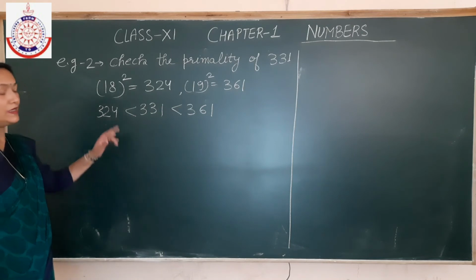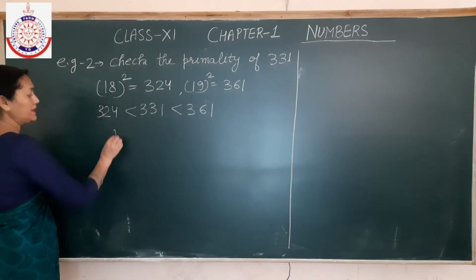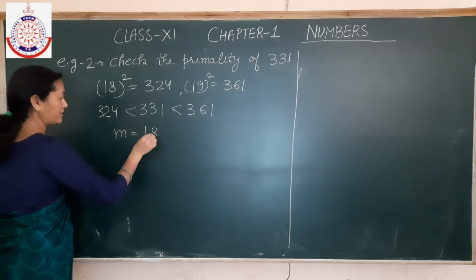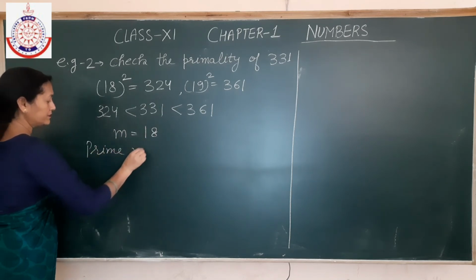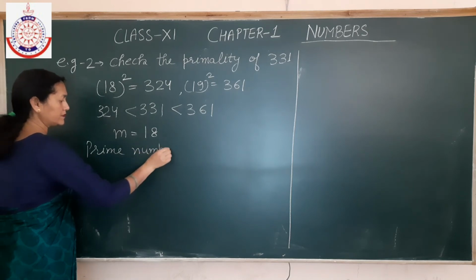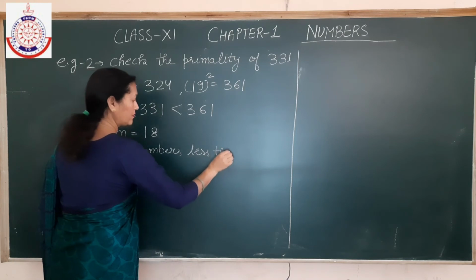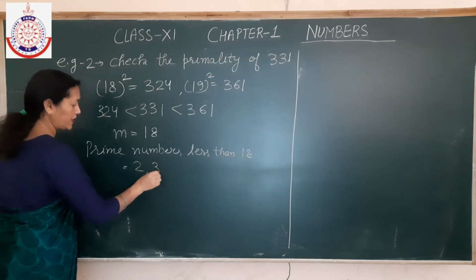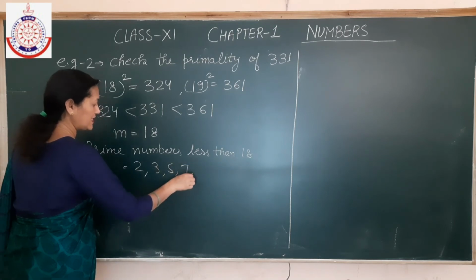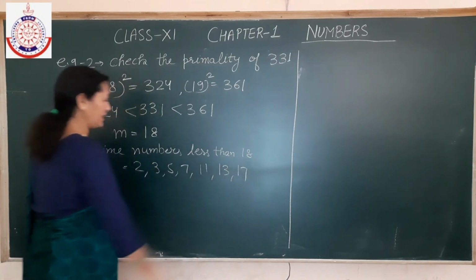So what is m? 18 square is less than 331, so m is 18. Prime numbers less than 18: 2, 3, 5, 7, 11, 13, 17.